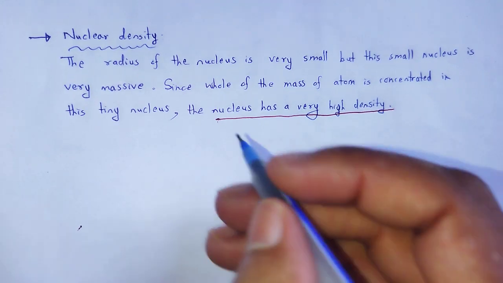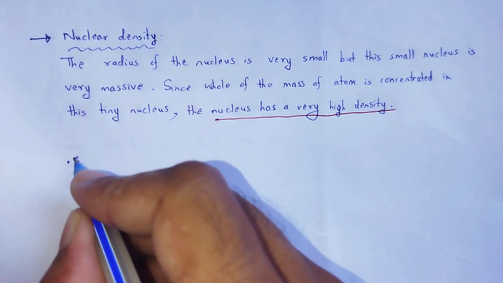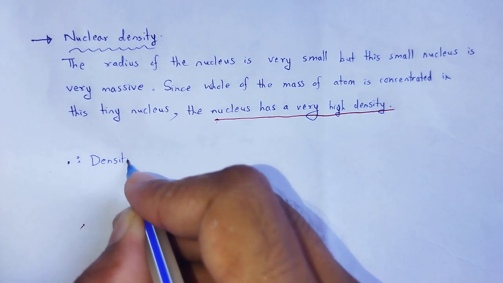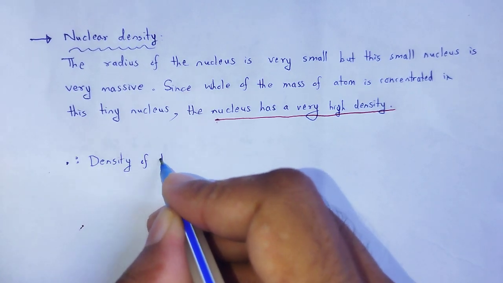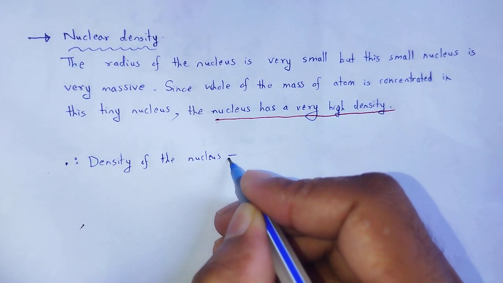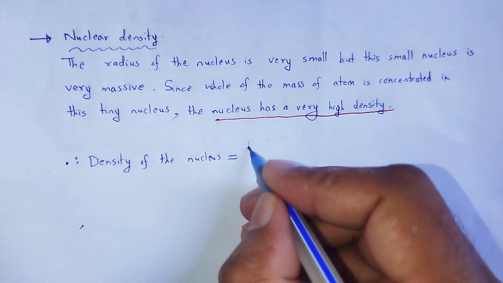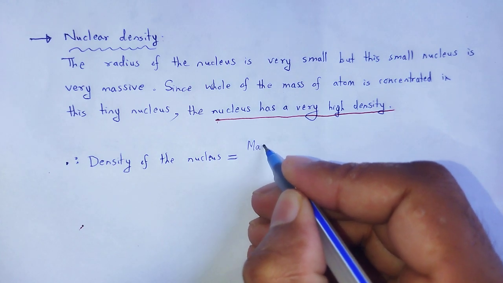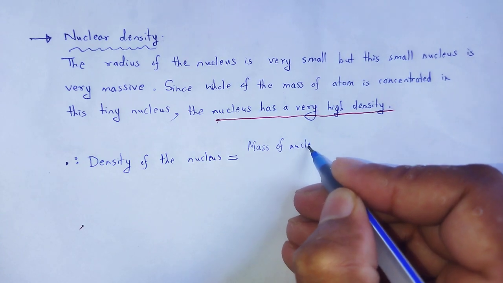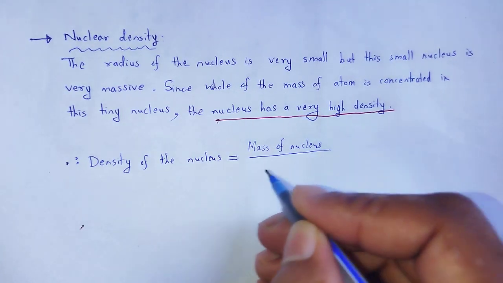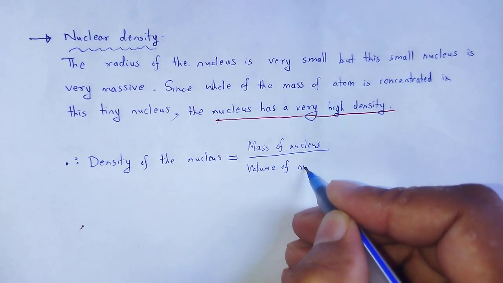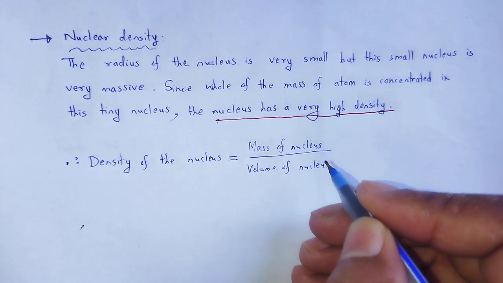We calculate the density of that nucleus. Therefore, density of the nucleus is equal to mass of that nucleus divided by volume of that nucleus.